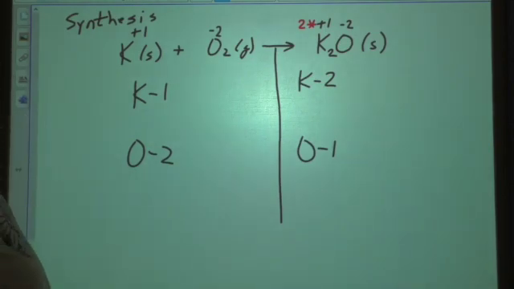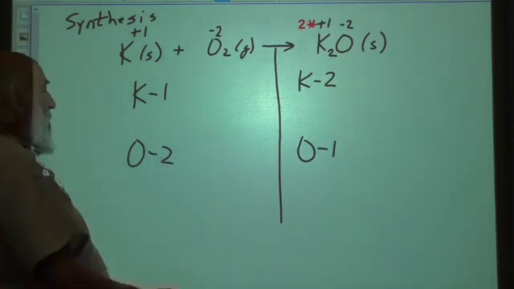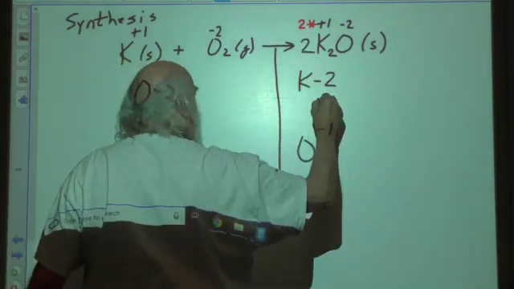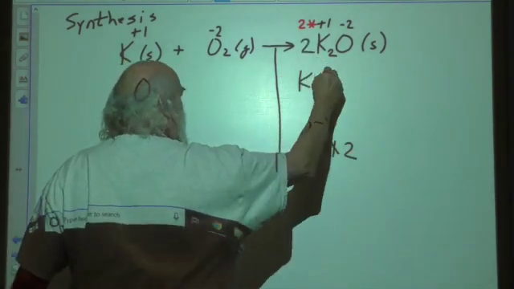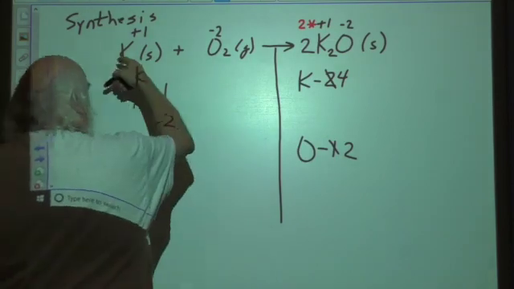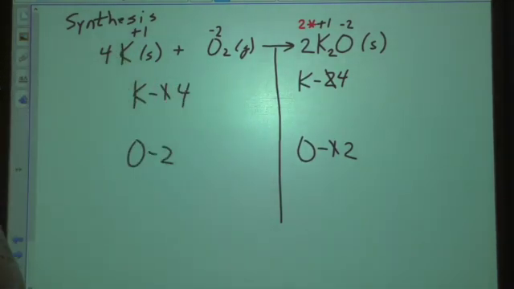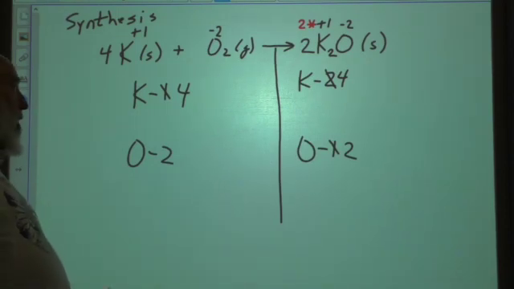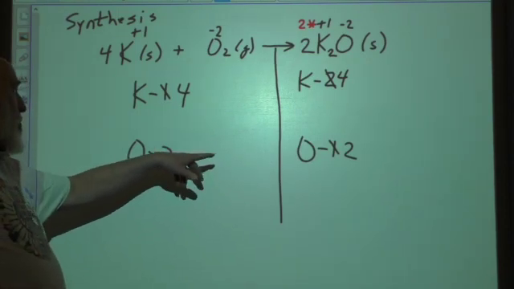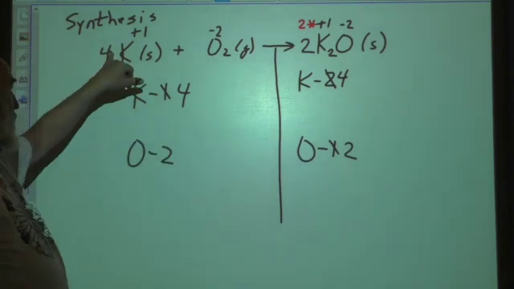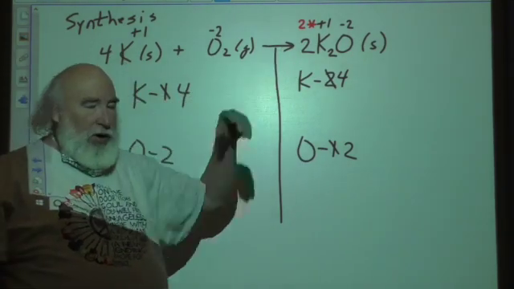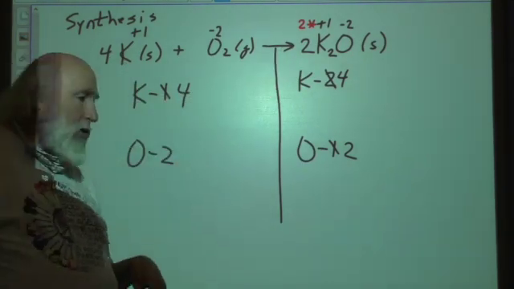So if I do the oxygen first, if I have 2 here and a 1 here, I'm going to put a 2 in front of the K2O. Make that 2, but now potassium is 4. So now I'll put a 4 in front of the K over here. And that is balanced. Now that's just one of 2 ways we could do that. We could have started with the oxygen by putting a 1/2 here and a 2 here and nothing over here, and that would have been just fine.